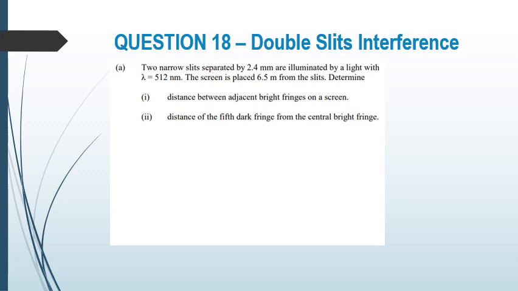So obviously now for this question, you have a central bright fringe. Now let's see how we are going to solve this question. If you look at question 1, the key word to solve this question is adjacent.